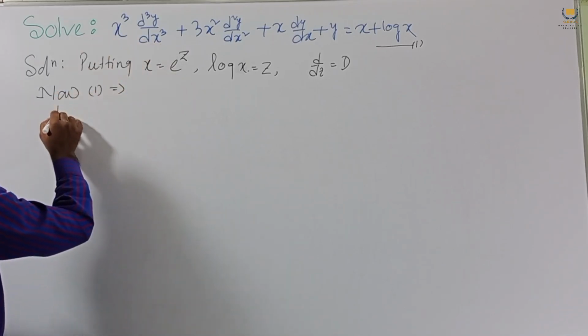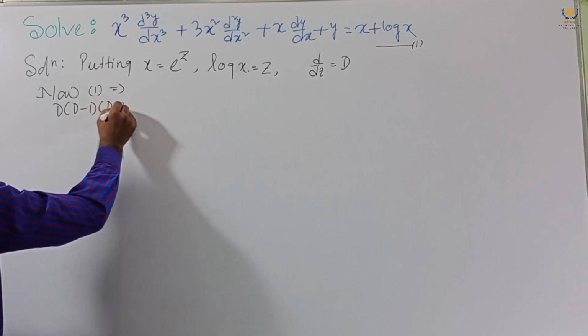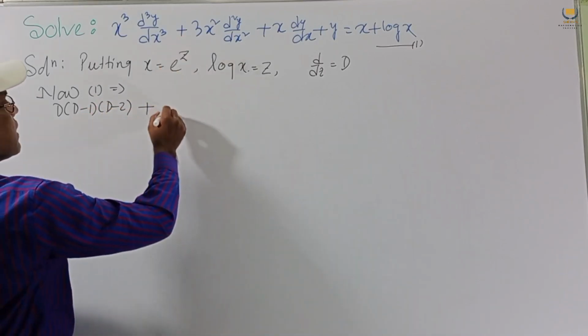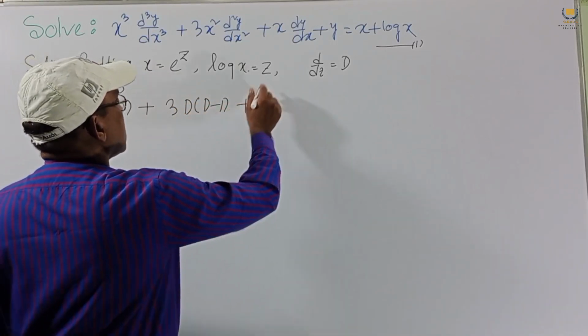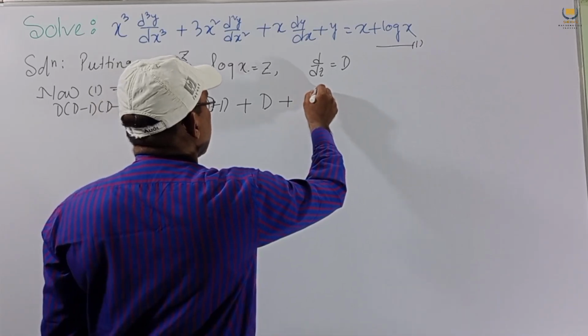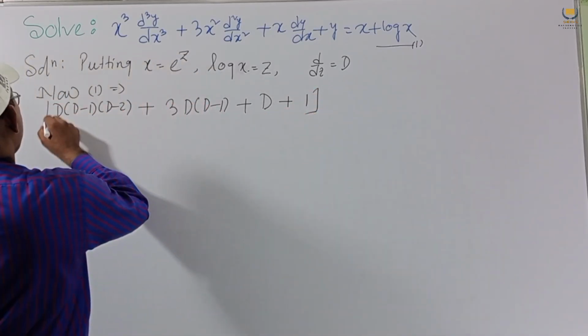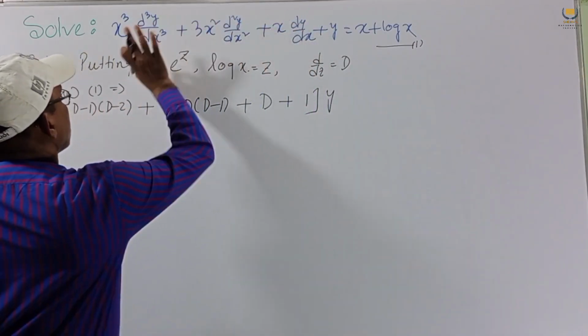Now equation 1 implies (D minus 1)(D minus 2) plus 3(D minus 1) plus 1, with y common.